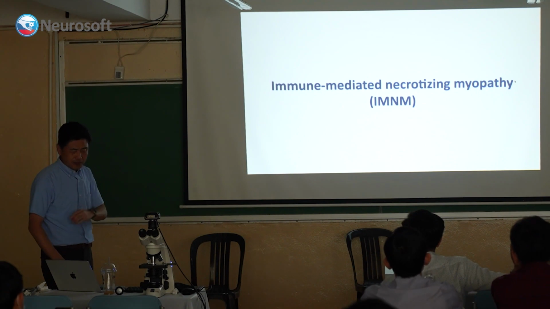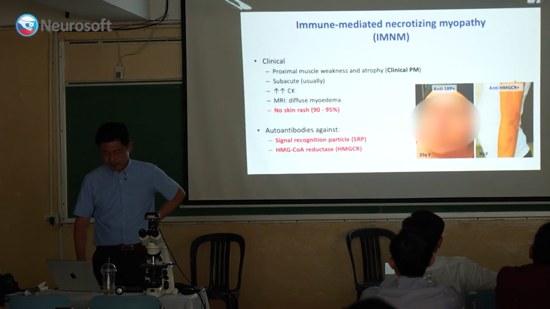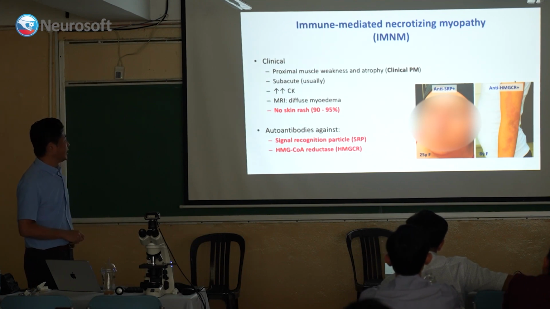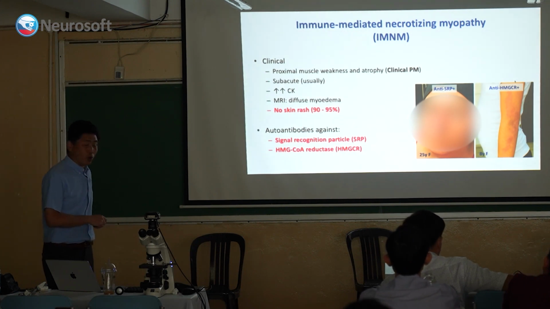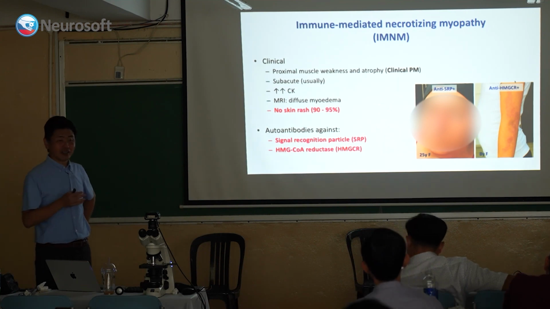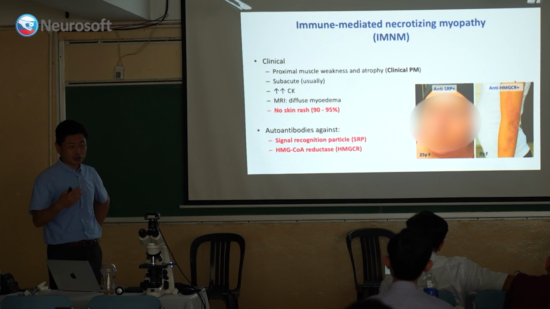I will just briefly go through immune-mediated necrotizing myopathy. We had a case today. So, of course, clinically, what they call clinical polymyositis very much, and CK is very much elevated. Usually no skin rash, though you can rarely have it. So this is probably not typical dermatomyositis, but can show skin rash.